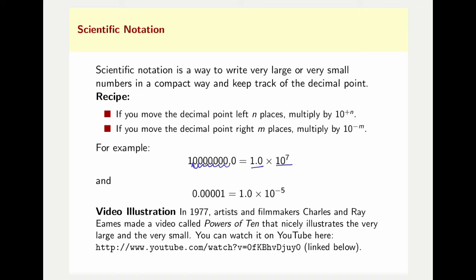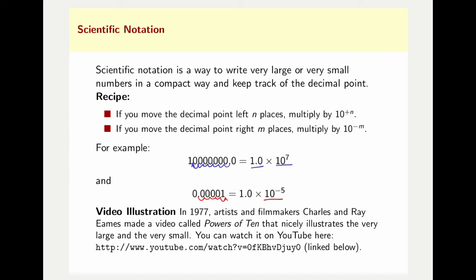Then I have this very small number. I want the decimal point to be right here after the 1. That means I have to move this decimal point 1, 2, 3, 4, 5 places to the right, which means I have 1.0 times 10 to the minus 5.